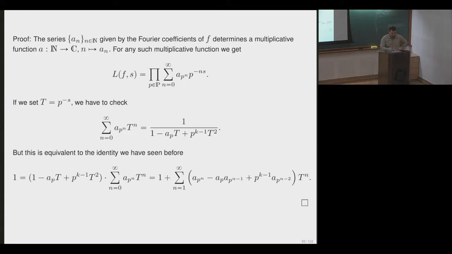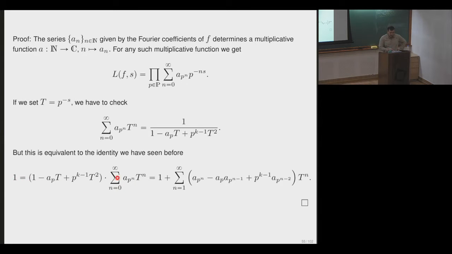And in order to prove that this is a rational function, it is clearer to replace p to the s by some t, because this is then easier to check as an identity of formal t series. So you just multiply this by the left-hand side, and then you get that it should be 1.